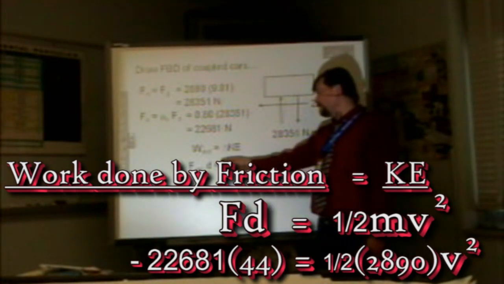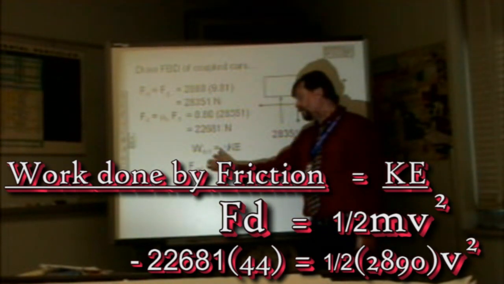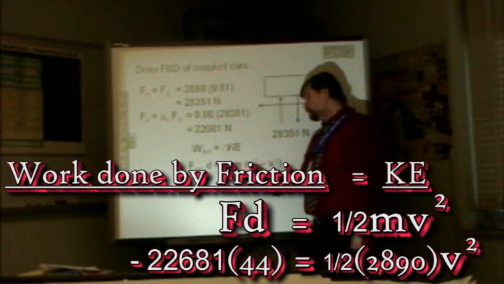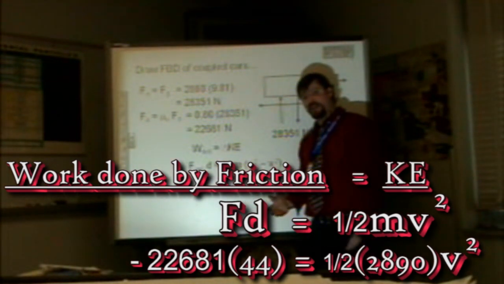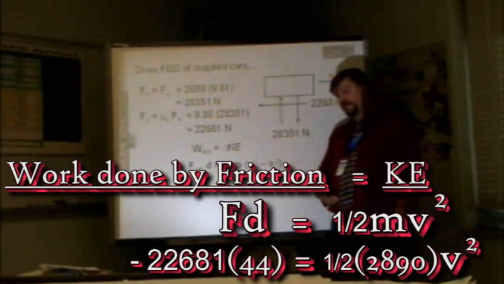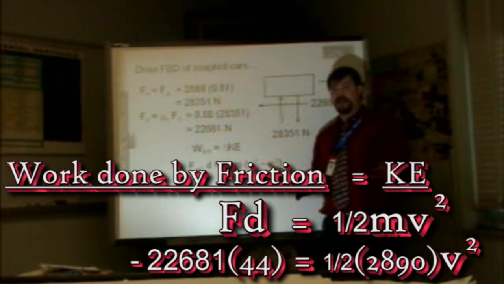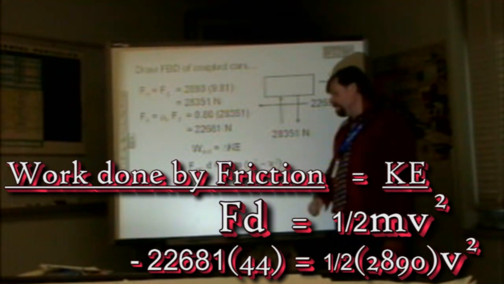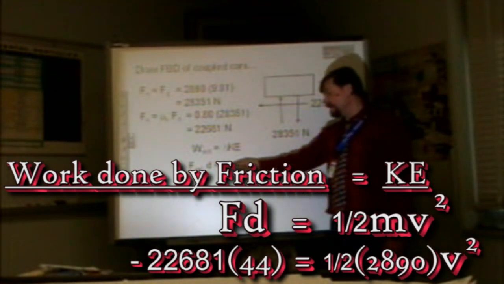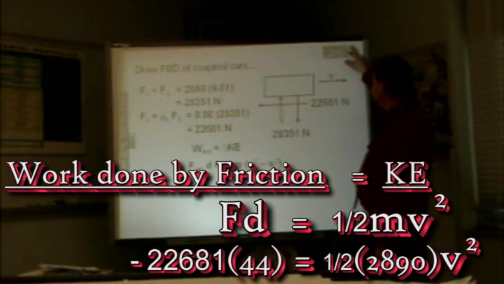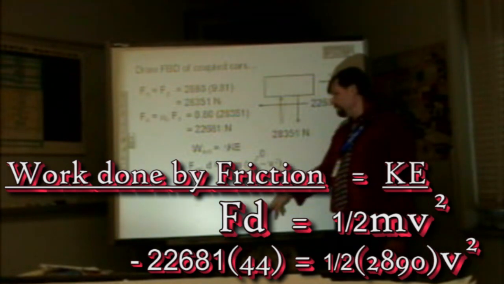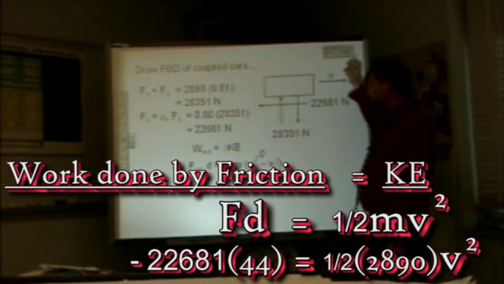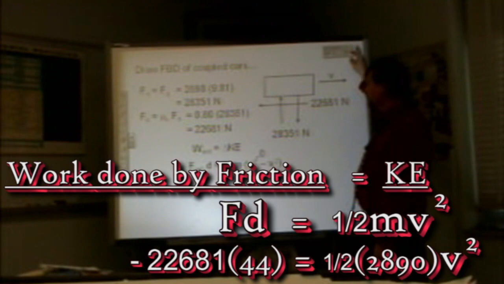So the work of friction equals the change in kinetic energy, from a velocity which we don't know yet, to 0, or to rest. We have an initial velocity we're going to look for, the final velocity is 0, and we have the mass of the two cars stuck together. So one half m v squared.